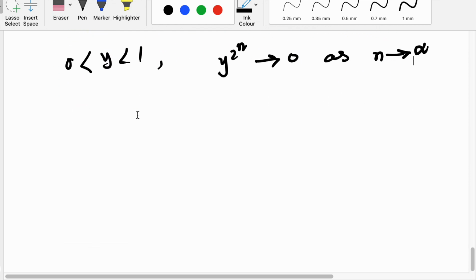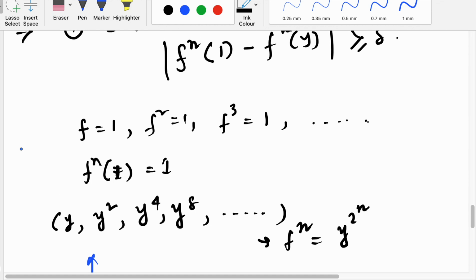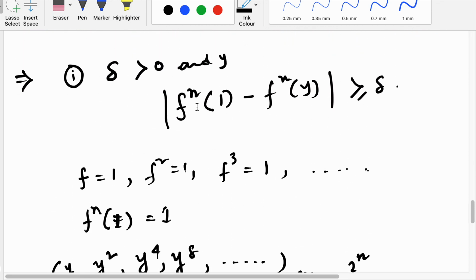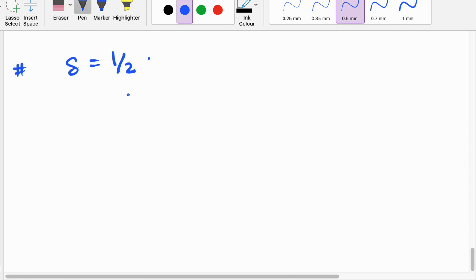So let me first choose delta equal to half. For delta equal to half, what condition has to be satisfied? We need |1 - y to the power 2^n| to be greater than or equal to delta, which is half. So 1 minus something has to be greater than half.